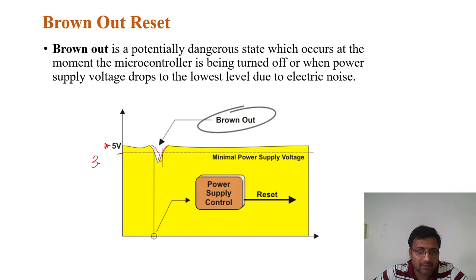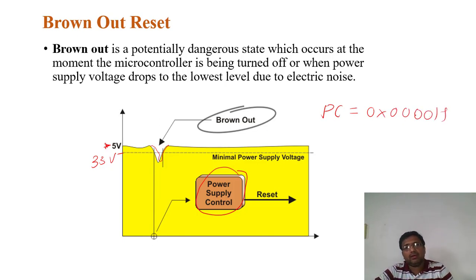Specifically, this level is 3.3 volt. Whenever it drops below 3.3 volt, what will happen? The microcontroller will not execute from that particular point, so it will go on resetting your microcontroller. Here is a power supply control, and the power supply control will send the reset command to the microcontroller. After that, the program counter, that is PC contents, are 0x0000h.